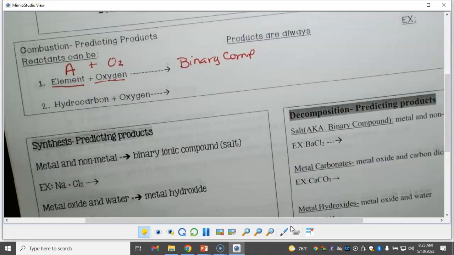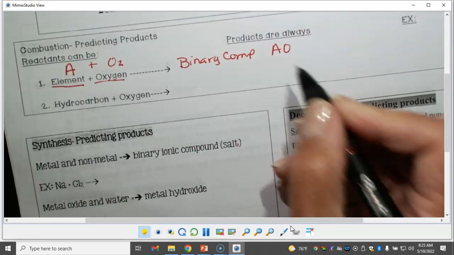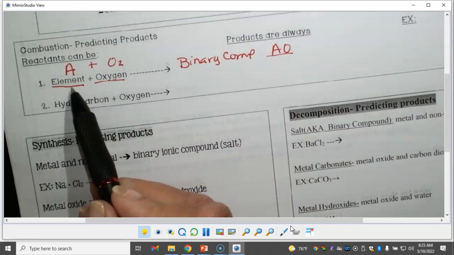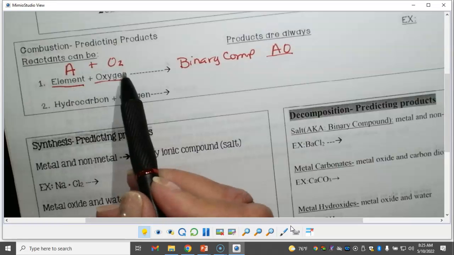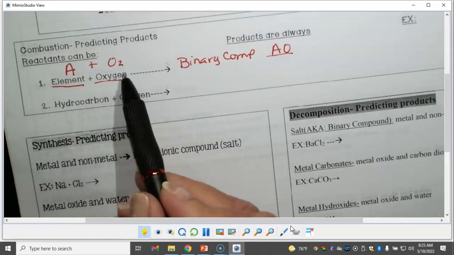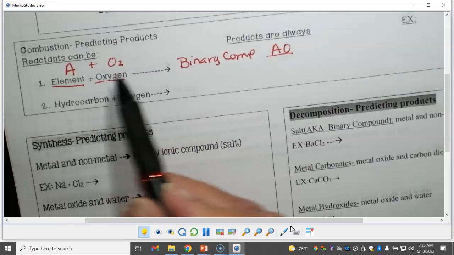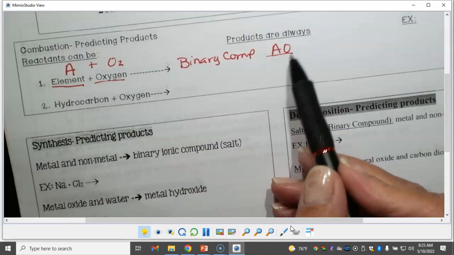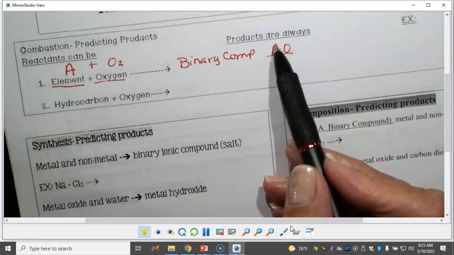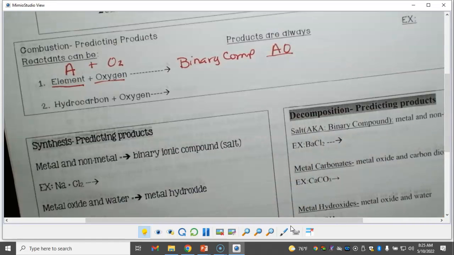So A plus O is going to give you AO. That's your binary compound. You're just going to put the two elements together. Whatever element you have here, combine it with oxygen. You'll have to check your oxidation numbers to make sure your formula is correct. But it's just that simple. You get a binary compound.